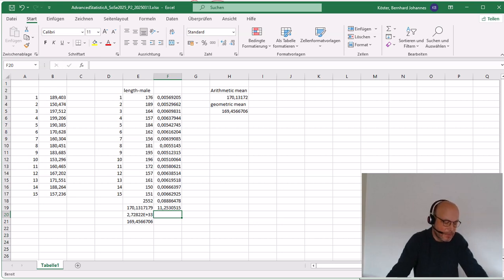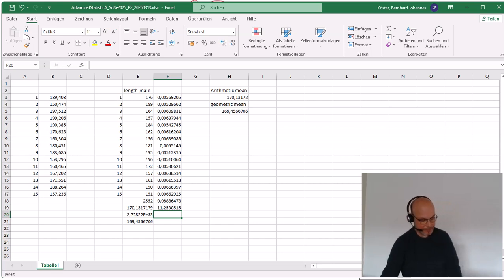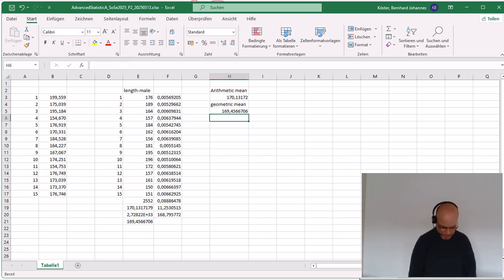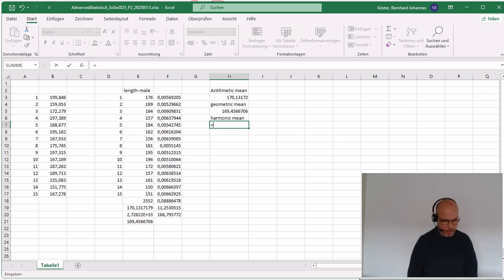So we have to multiply this by 15. This would be our harmonic mean.